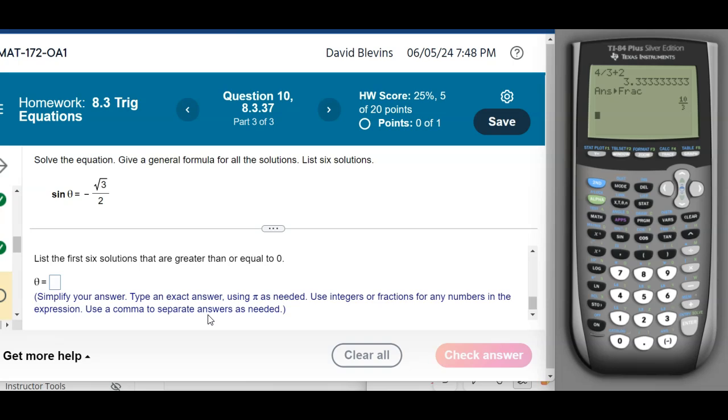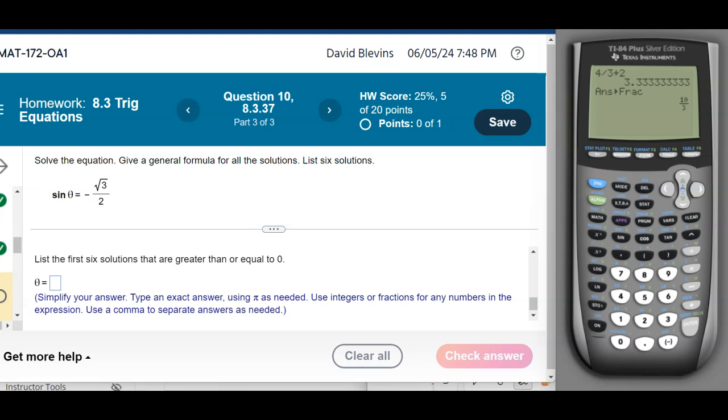So 4, 10, 16. Since I'm doing the first 6, there's going to be 3 from the 4 pi over 3, and then 3 from the 5 pi over 3. And each time we're just adding 6. So there's 4 pi over 3. I'm going to do a comma. 5 pi over 3 is going to be there. I'm going to do a space. I just want you to see I'm doing the 4 pi over 3, leapfrogging the 5 pi over 3.